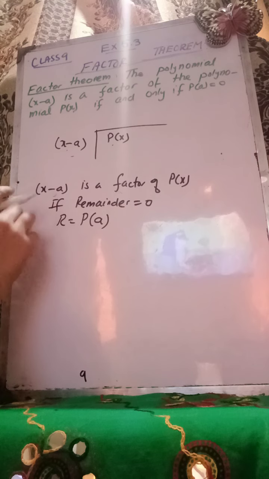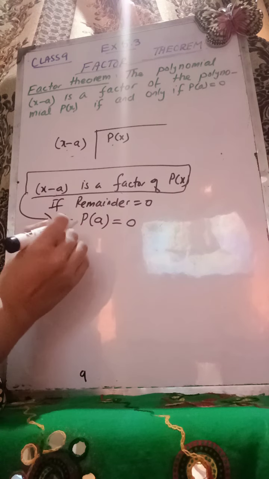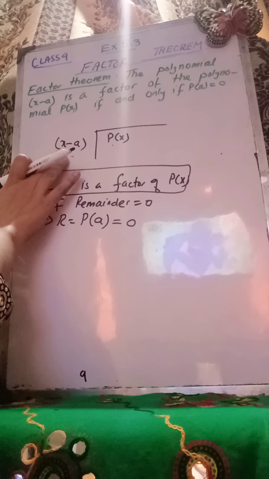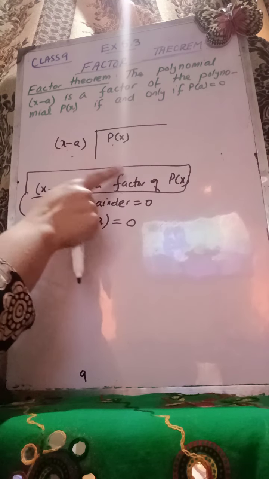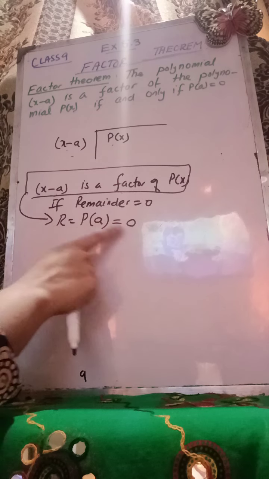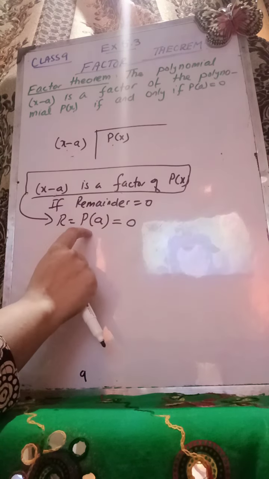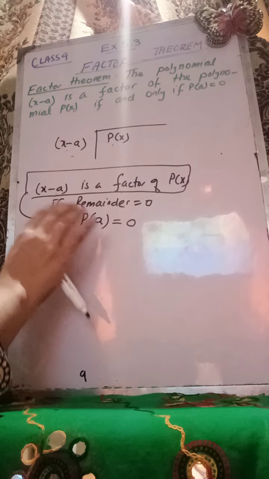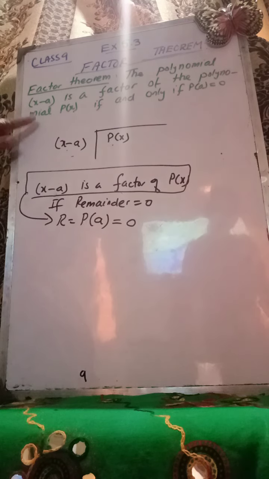So we can say that x minus a is a factor of p of x if p of a is equal to 0, and this is the statement of the factor theorem, because we know that this will be a factor if we get a 0 remainder, and getting a 0 remainder is the same as getting 0 when you put a in this, because by the remainder theorem this gives us the remainder. So if we combine the remainder theorem with this statement, we get the factor theorem.